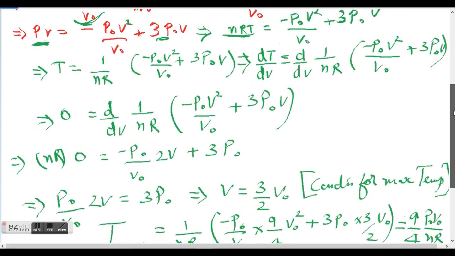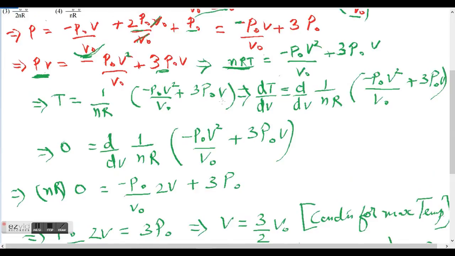Now, what's the next step? Now, I'm gonna keep T here because I'm supposed to solve for T. T is equal to 1 over nR multiplied by whatever expression I had previously, right? Now, at what point is temperature maximum? If you had a graph with temperature here and volume here and you wanted to plot a graph, it says temperature maxes out at some point.